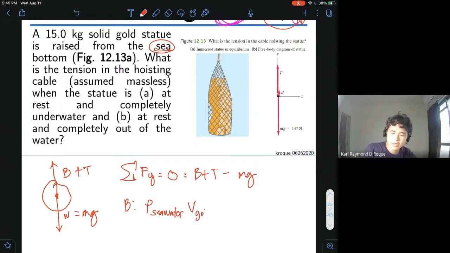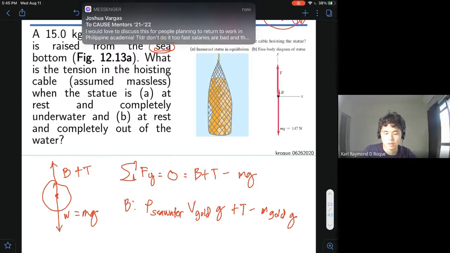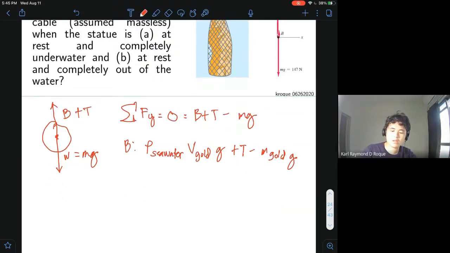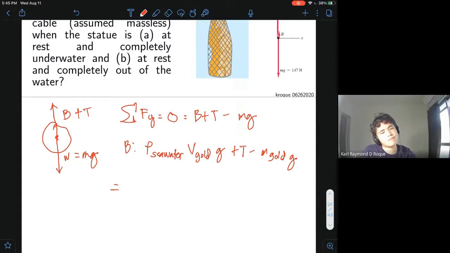V gold, kasi yung volume ng gold, yun din na-displace na fluid by the object. g, plus T minus m gold g. Ano ba yung density ng seawater? 1.03 times 10 cubed kilogram per meter cubed.